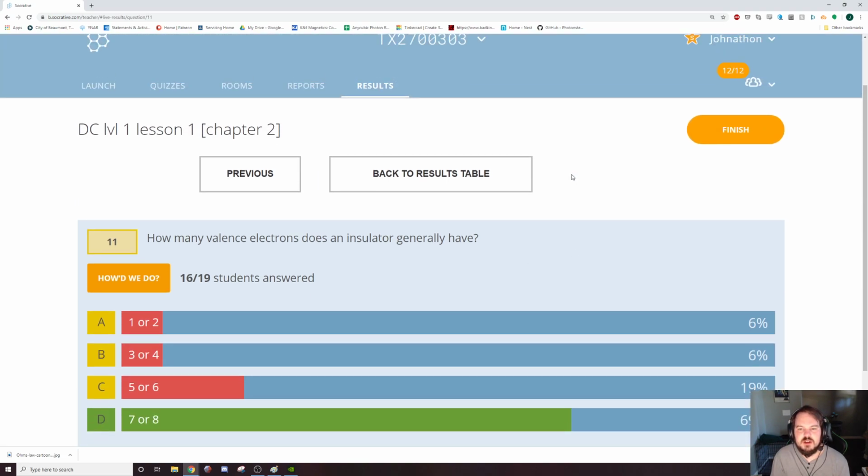Is an insulator, which means it's oh no, I didn't do lesson 1 and 2. Shoot. This is just lesson 1. So the next quiz is going to be 2 and 3. It's going to be an extra long one. My bad.